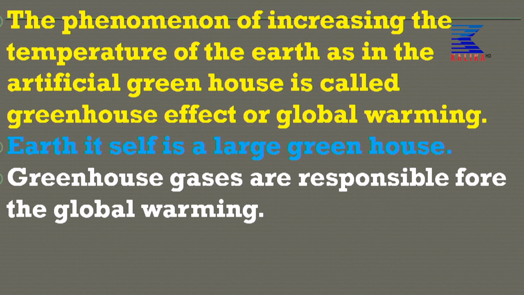So that's a process. Because of that the temperature of the Earth increases. Earth is itself a greenhouse. Greenhouse gases are responsible for, that should be GHG only, so just a spelling error, the global warming. So what is responsible for global warming? The greenhouse gases. So what do you mean by greenhouse gases?